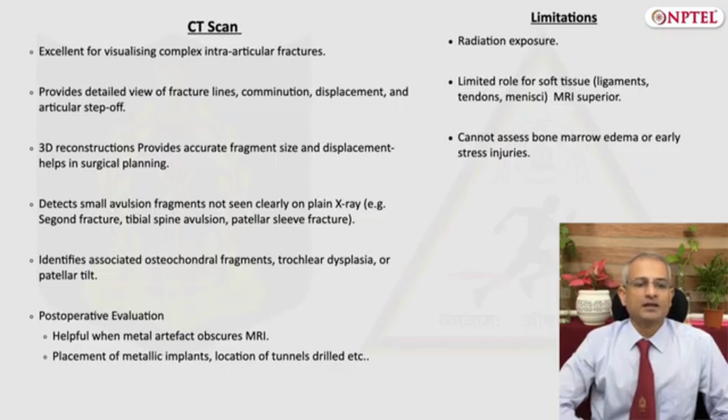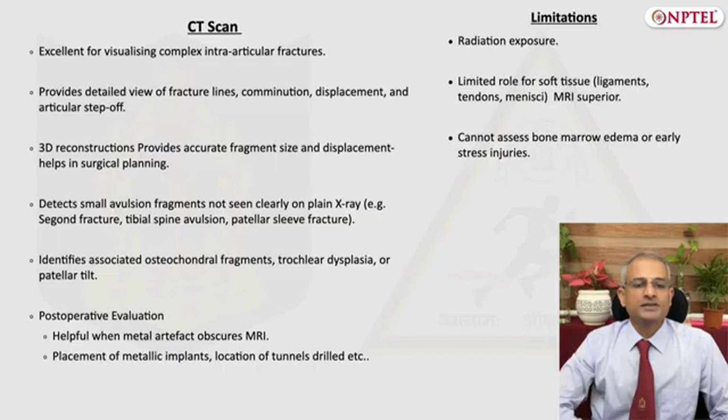It is done in cases of complex fractures of the tibial plateau, distal femur, patella, and it shows fracture lines and fracture fragments and their displacement. It can easily pick up avulsions of ACL, PCL, collateral ligaments, and tendinous avulsions from the bones. It can also pick up subtle osteochondral fractures that are not usually visualized on a plain X-ray.